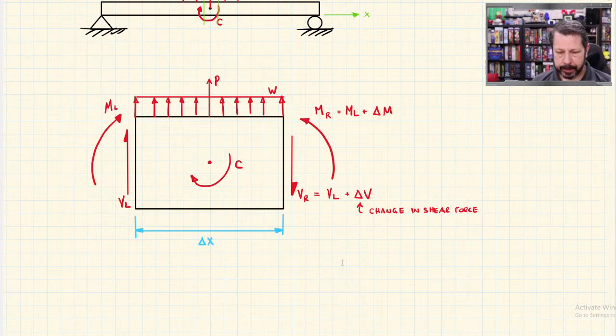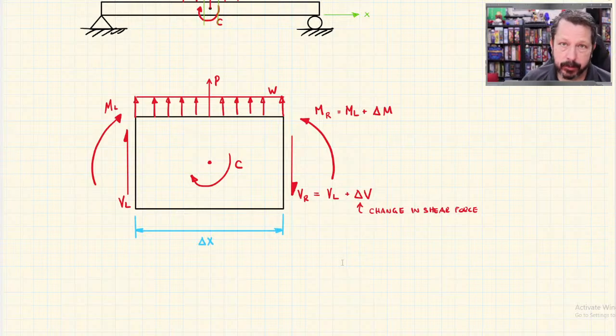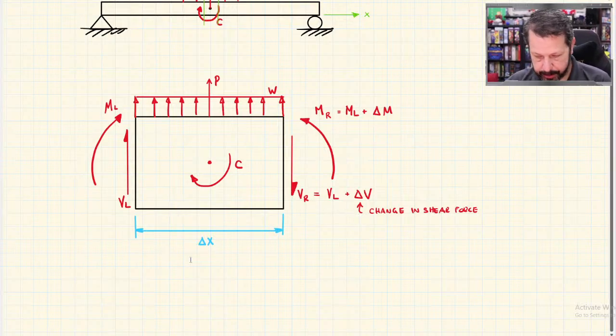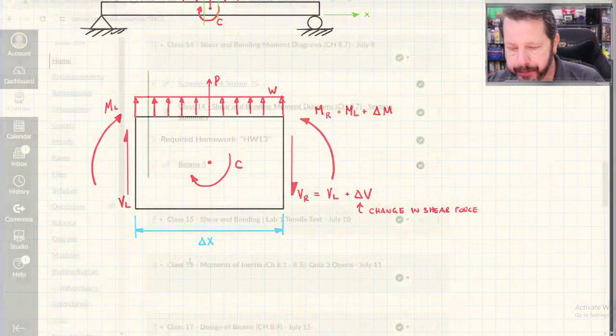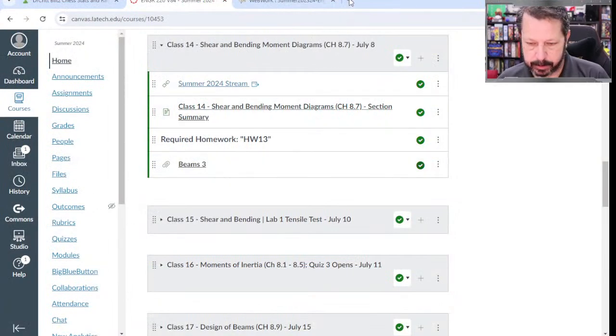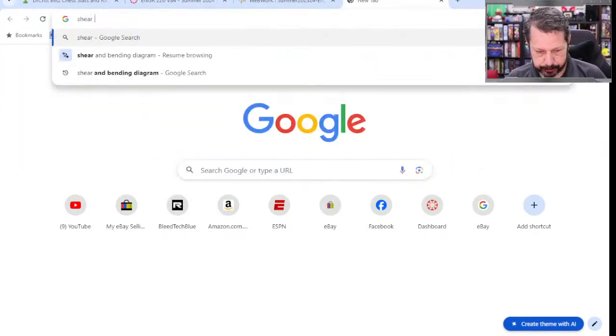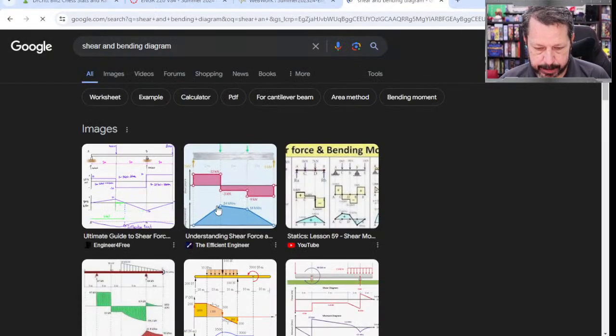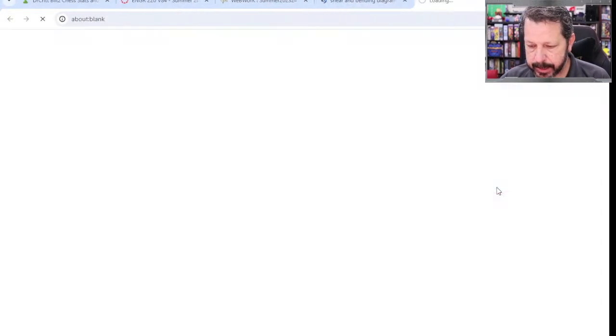Okay. I think it's time to start writing our equation. So the easier one, and the first one when you're drawing one of these shear and bending diagrams, I think I showed you one last time. Let me see if I can find a picture of one so you know what we're after. So yeah, like this. This is the picture we're after.